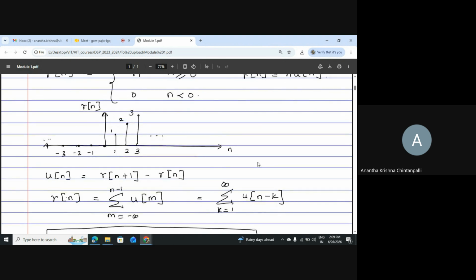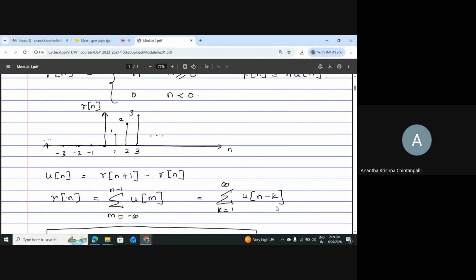Now again, if you do a change of variable, which you can do, with m equal to n minus k, the summation in this case would change to k equal to 1 to infinity of u of n minus k. Again, same logic applies. That means that at n equal to 0 is being shifted to n equal to 1 for u of n minus 1. So at n equal to 0, the value is going to be 0.